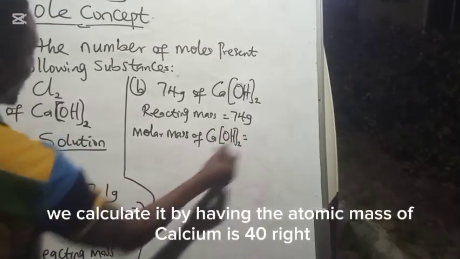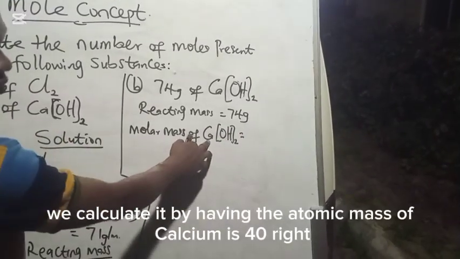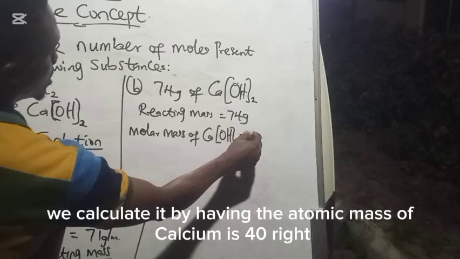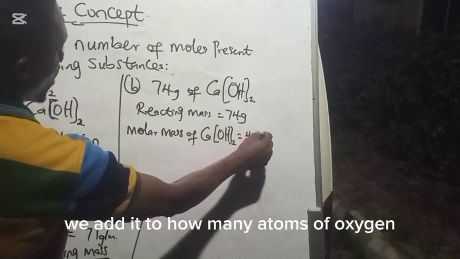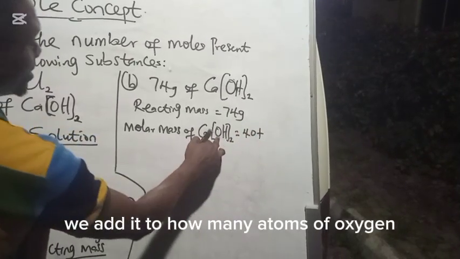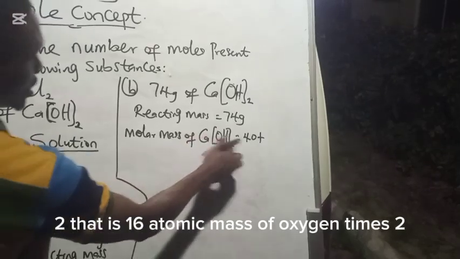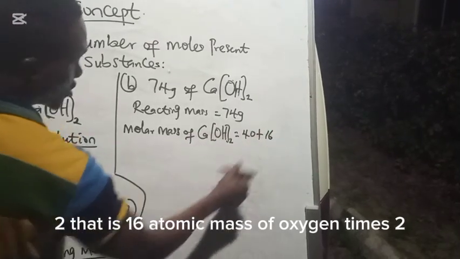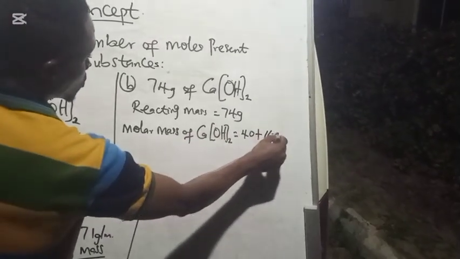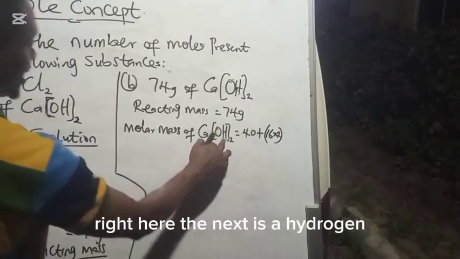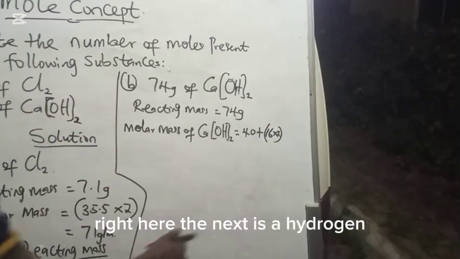We calculate it by having the atomic mass of calcium, which is 40. We add it to how many atoms of oxygen? 2. That is 16, the atomic mass of oxygen, times 2. The next is hydrogen.